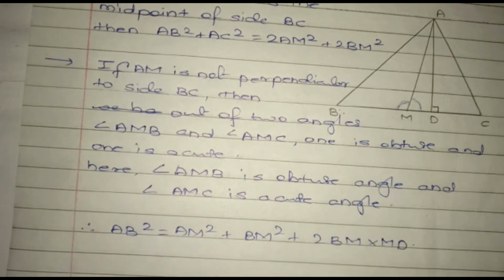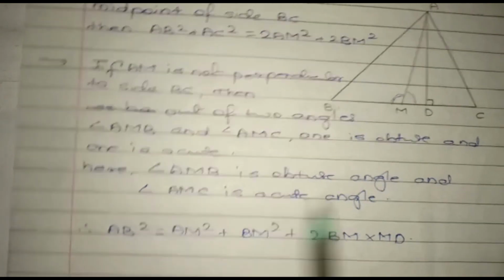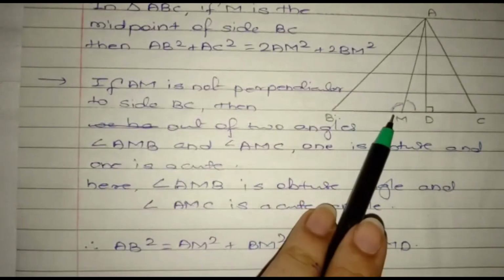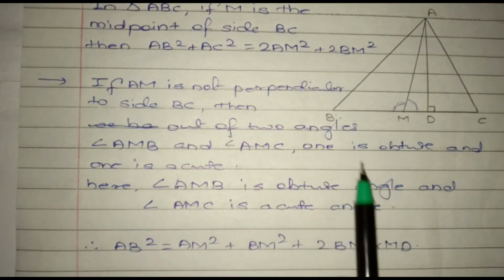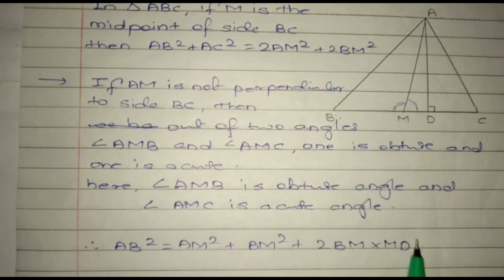Using the relation which we found out earlier for the side opposite to obtuse angle and the remaining two sides, using that relation in this triangle, we get this statement. We will consider this as equation 1.